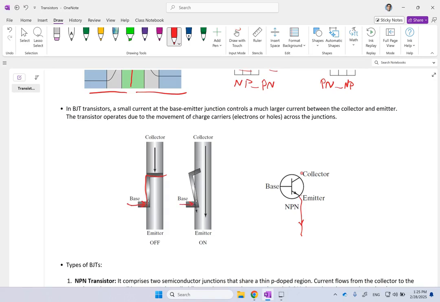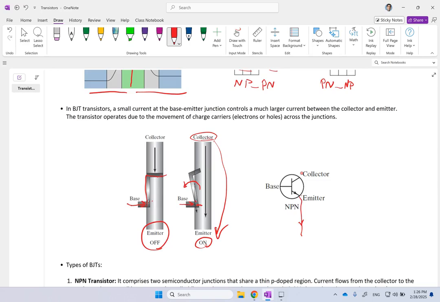If you push this base forward, it creates a moment about this pin and makes this member rotate. When it rotates, the current comes from the collector and goes to the emitter. We say the transistor is on. If you don't push enough and cannot make this member rotate, it blocks the current from collector to emitter.